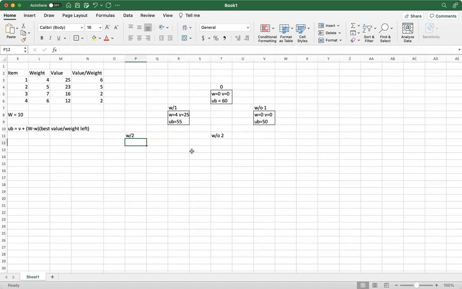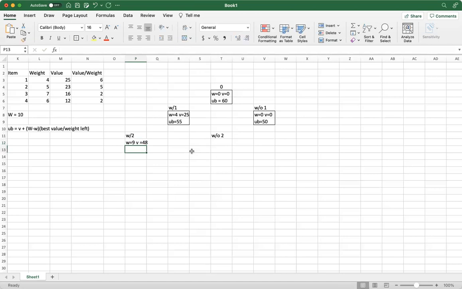Okay, so we have the weight first, it's going to be equal to the 4 of item 1 plus the 5, or 9. Okay, the value is going to be the 25 plus the 23, which is 48. Okay, that's what we have there.